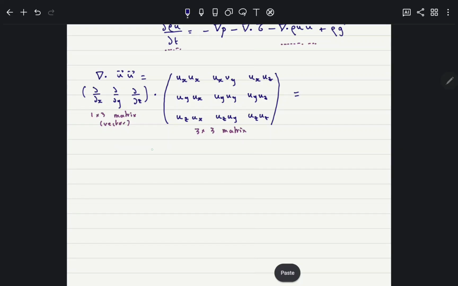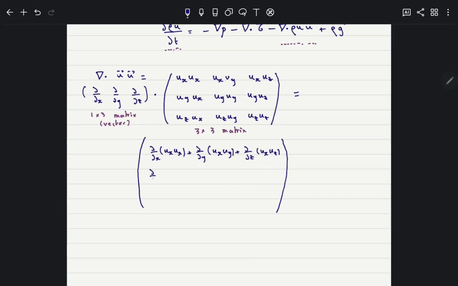So that's going to give us d over dx ux ux plus d over dy ux uy plus d over dz ux uz. Okay, so that's for the first component of our vector.